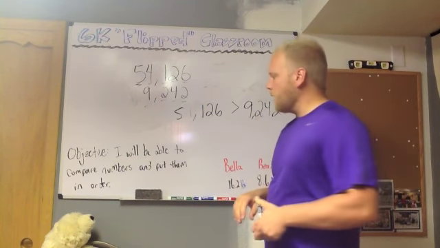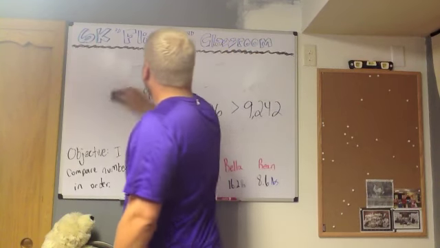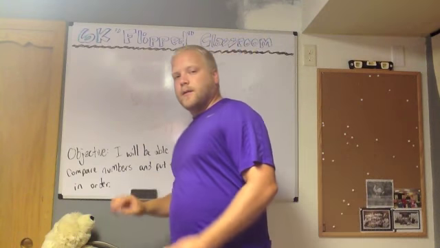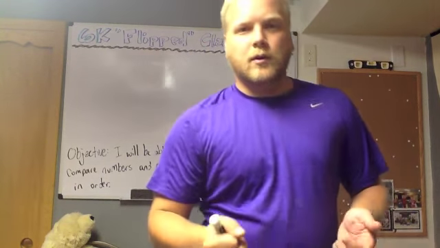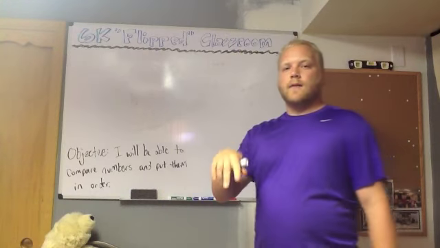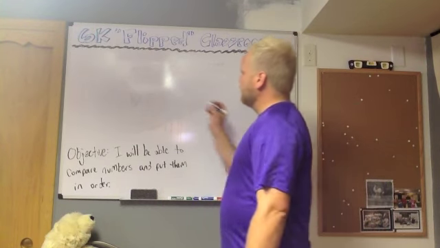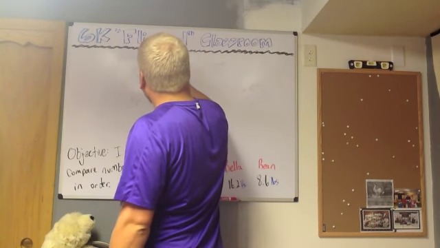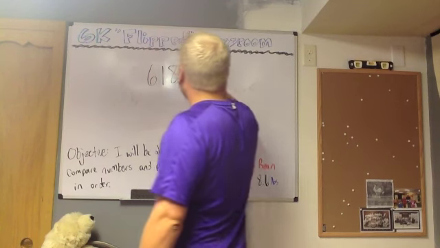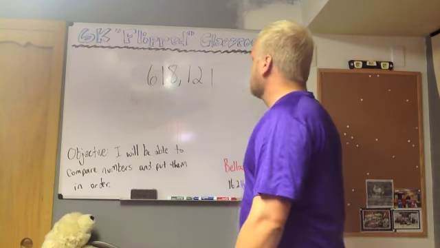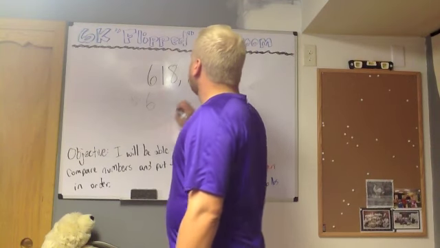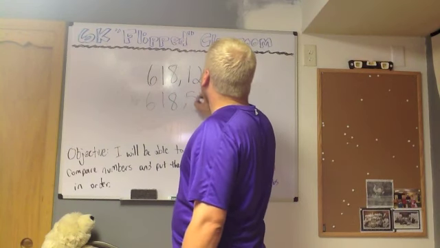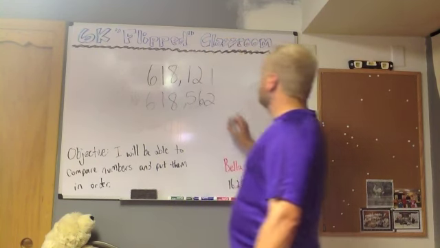So, I want you to write this next one down and solve it. What I'm going to do is write it out and explain what I want you to do, and then you're going to pause and solve it, and then we're going to check it together. So, we're going to compare 618,121 to 618,562.